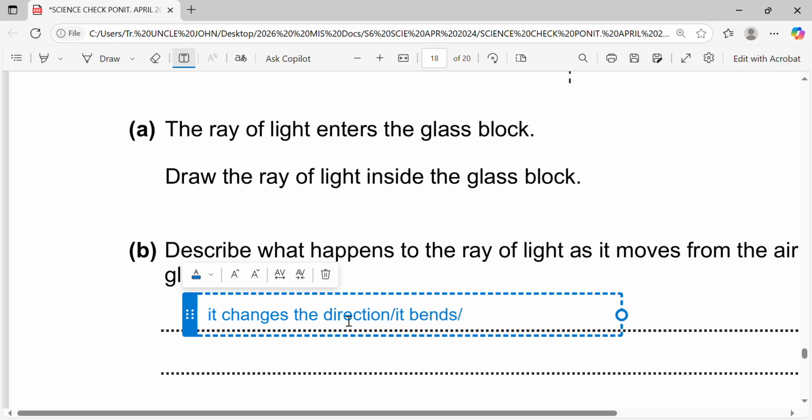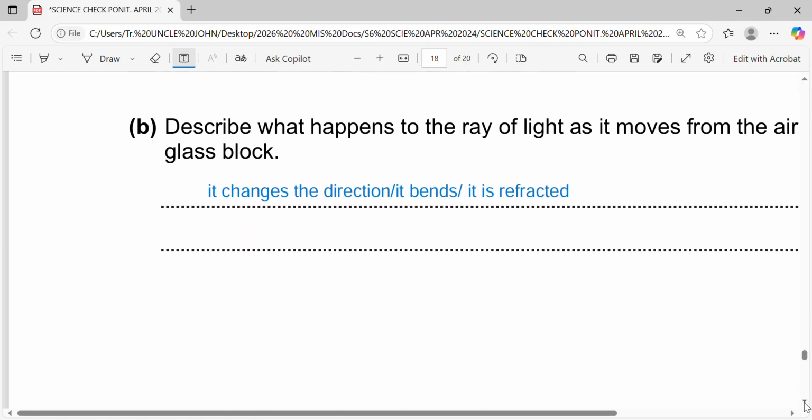You can say it is refracted. You can say there is a refraction. Actually, this is the way. This is actually the end.